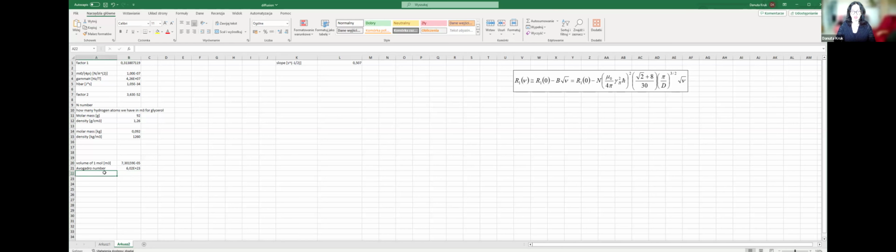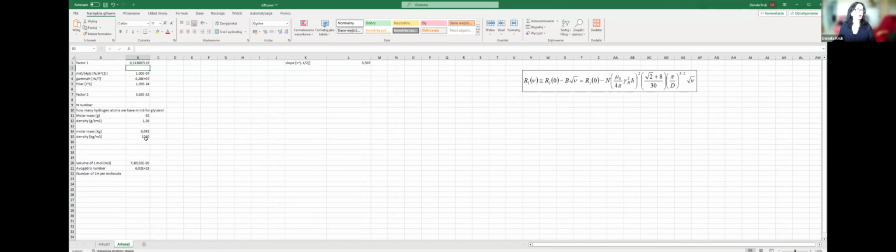What is the number of 1H per molecule? Number of 1H per molecule is 8 in glycerol. Yeah?